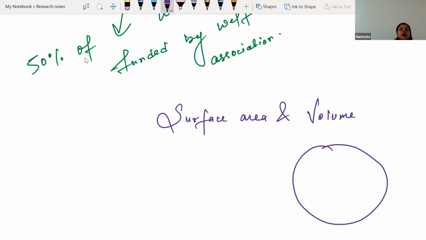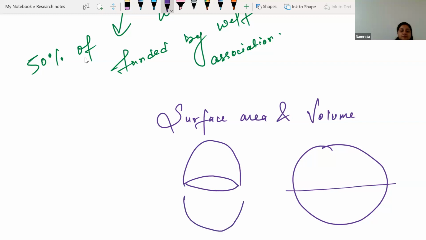You can take one example of a coconut. If you cut it from the middle, you will get two hemispheres just like this. Now, the formula for surface area of the sphere, if you recall, was 4 pi r square, and I have explained how we get that.